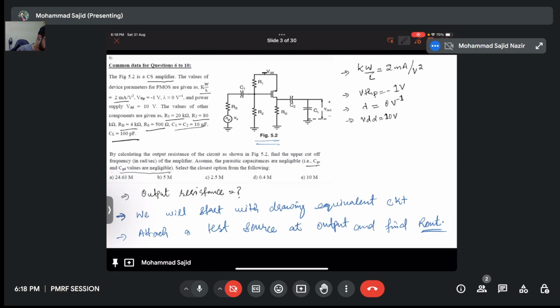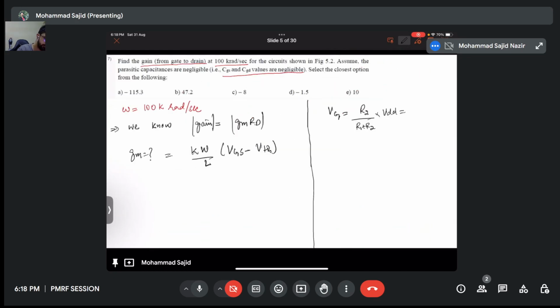R2 is 80 kilo, R1 is 20, and VDD is 10. So VG is 80 by 10, which is 8 volt. VG is 8 volt.